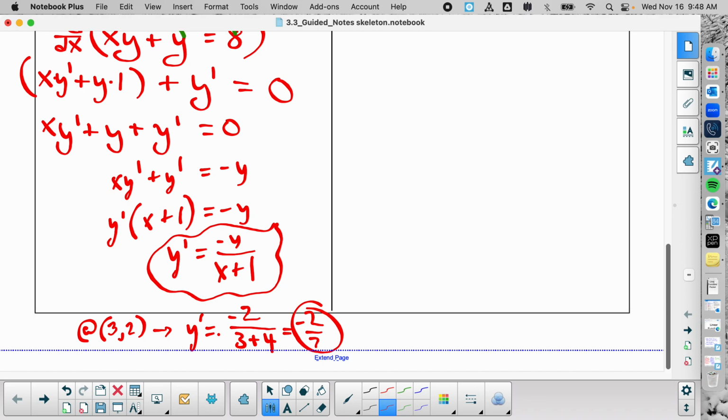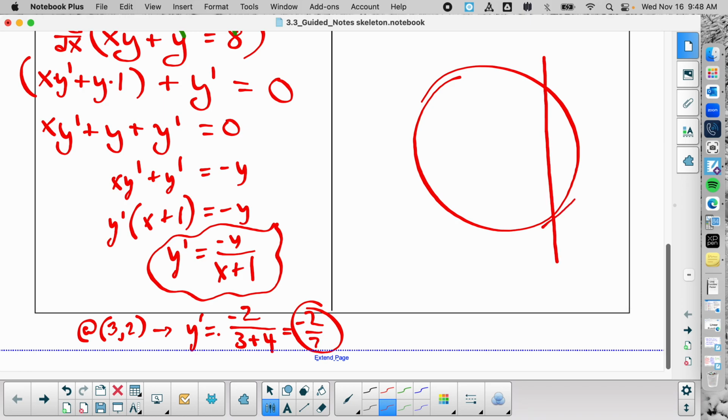Now, on implicit functions, they traditionally have to give you an x and a y value for the slope. The reason is, if you think of a circle, they can't just give you a single x value. If they ask you to find the slope of a circle at x equals 2, well, it's got 2 slopes. So you would have to have a specific point to find slope on.